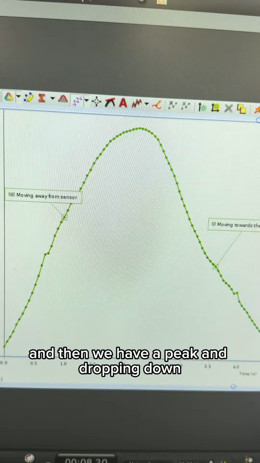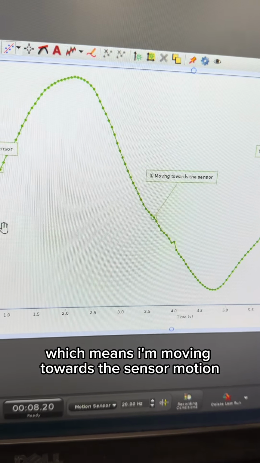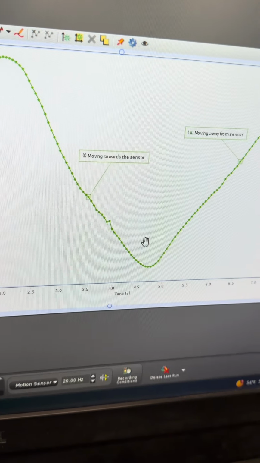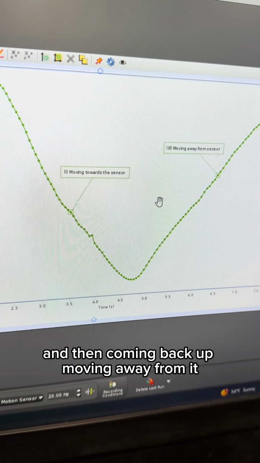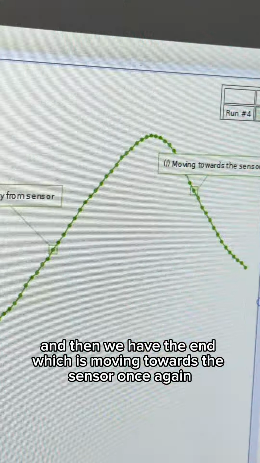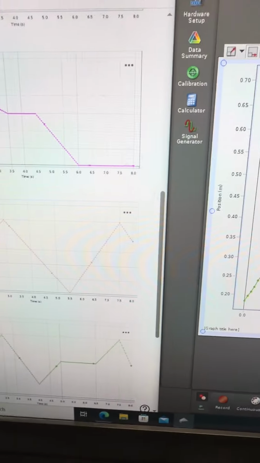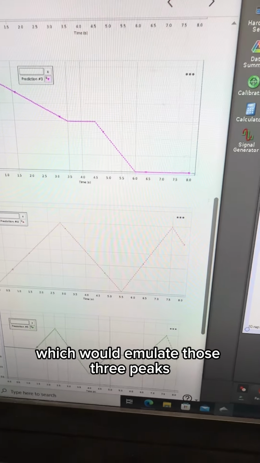Then we have a peak and dropping down, which means moving towards the sensor. Then coming back up, moving away from it. And then the end, which is moving towards the sensor once again, which would emulate those 3 peaks.